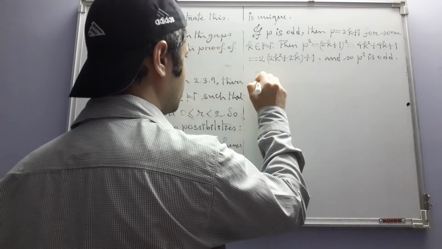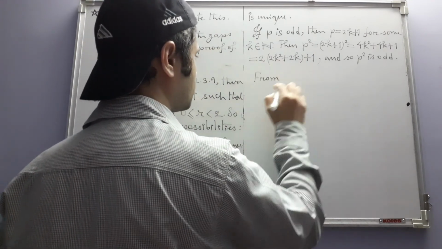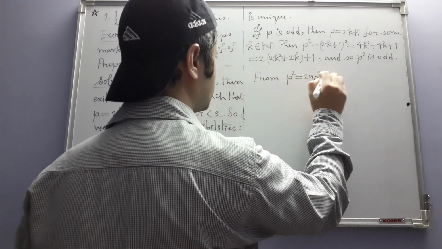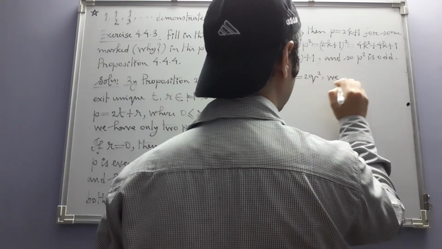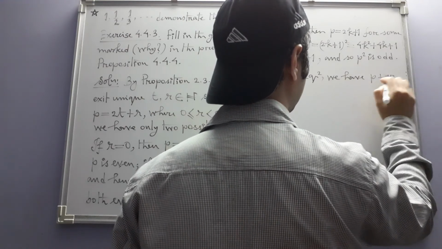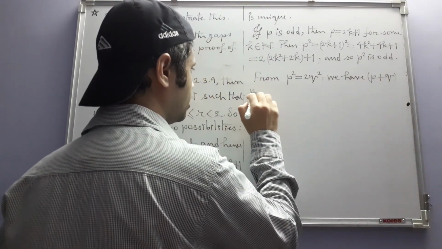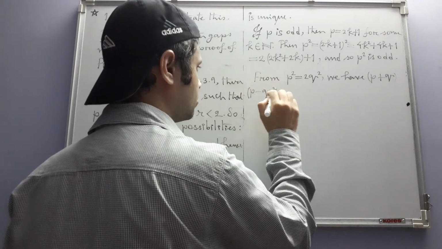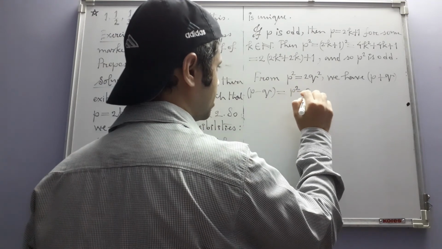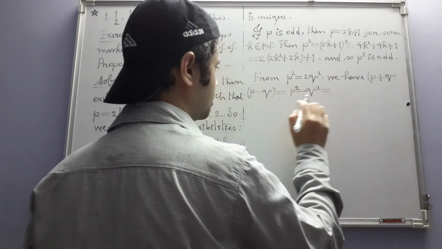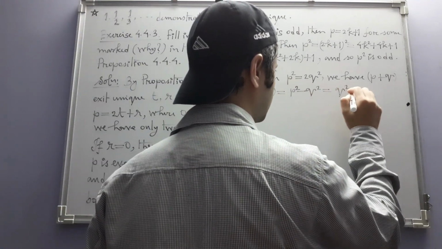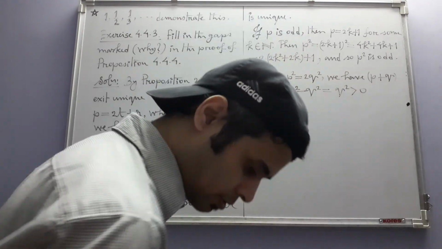So from p squared equal to 2q squared, we have (p plus q) times (p minus q) equal to p squared minus q squared, but p squared is 2q squared, so p squared minus q squared will be equal to q squared, and this is strictly greater than 0.